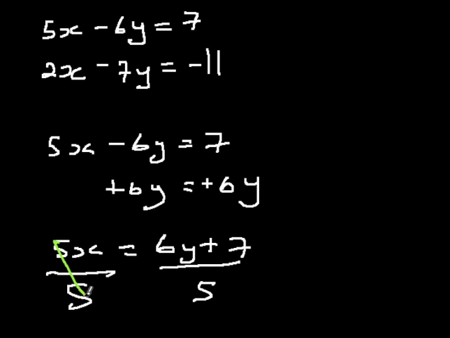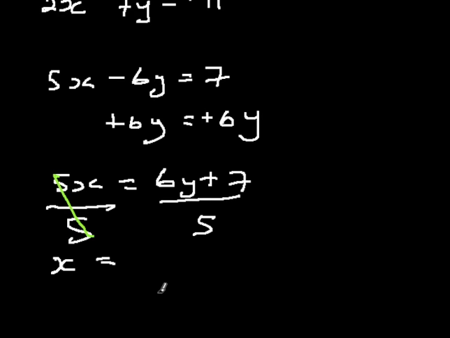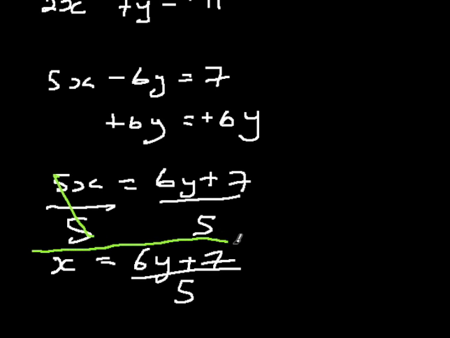When we cross everything out, we're left with x is equal to 6y plus 7 over 5. So now we know what one of the two values is. Let me circle it so we can have it for later.